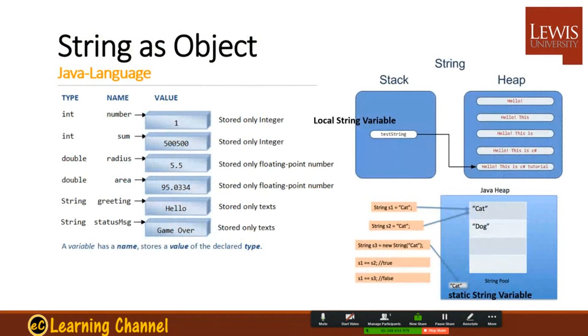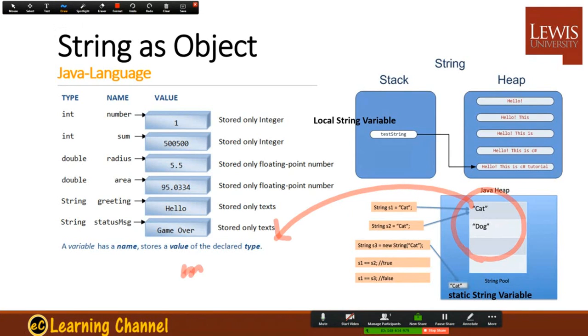String as object: in Java, a string can be stored in the heap, or you can store it in the constant pool. When we store it in the constant pool, we call it an interned string. The string is stored in the heap, but the variable itself is put into the constant pool.